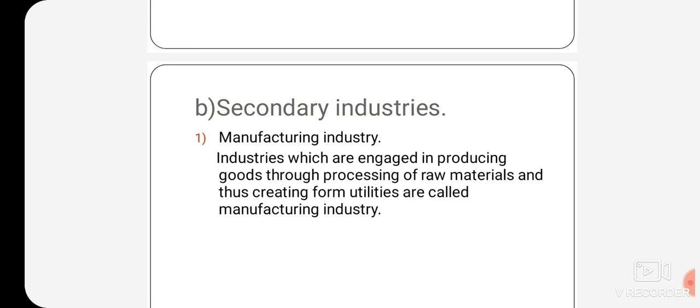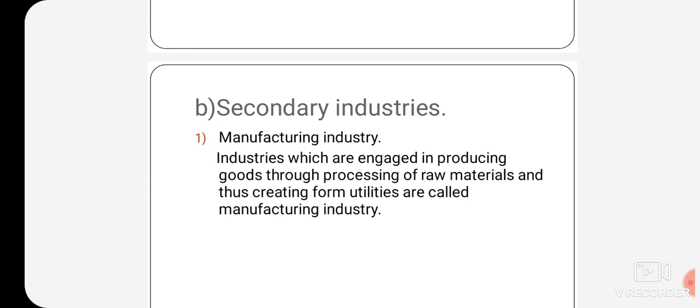Creating form utility means the goods or services must fulfil the expectations of the users. That is about utility. So in these secondary industries, we are going to study manufacturing industry and construction industries.